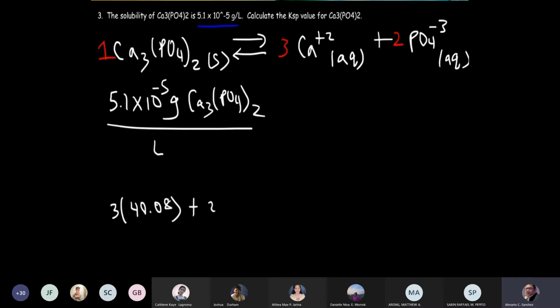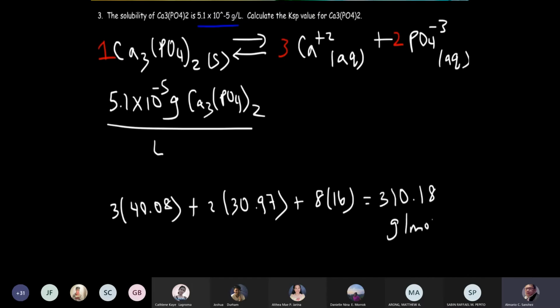And then we have 2 phosphorus atoms, each with an atomic mass of 30.97, and there's 8 oxygen atoms. So 3 times 40.08 plus 2 times 30.97 plus 8 times 16, that's equal to a molar mass of 310.18 grams per mole.